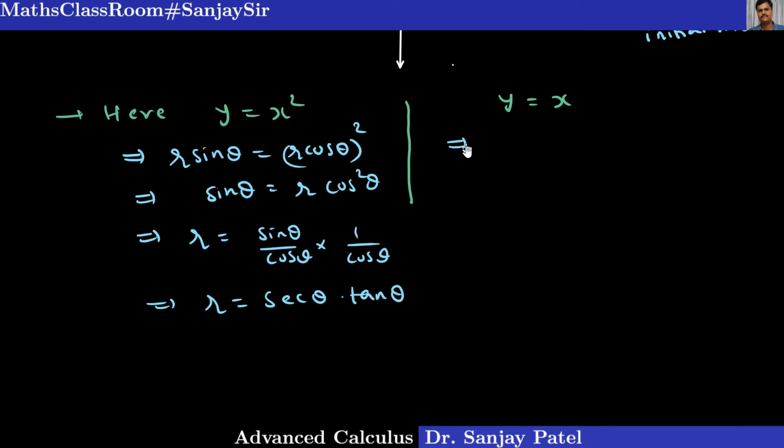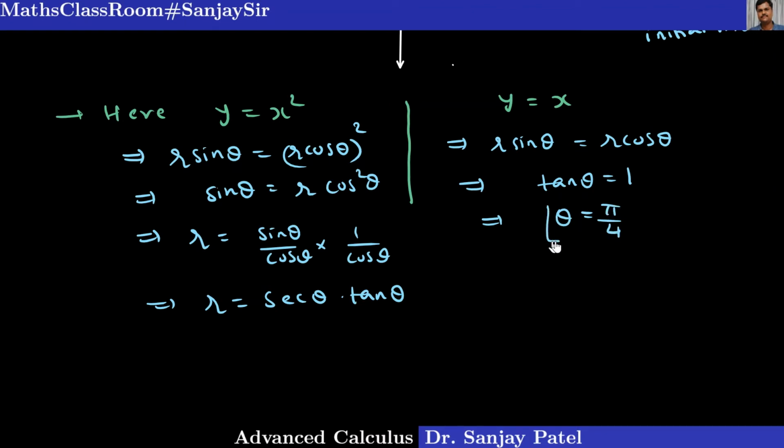Here we write y is equal to r sine theta and x is equal to r cos theta. So if you simplify, you get tan theta is equal to 1. R we can cancel, and sine theta upon cos theta is 1. So that gives me the polar equation of y equal to x as theta is equal to pi by 4.